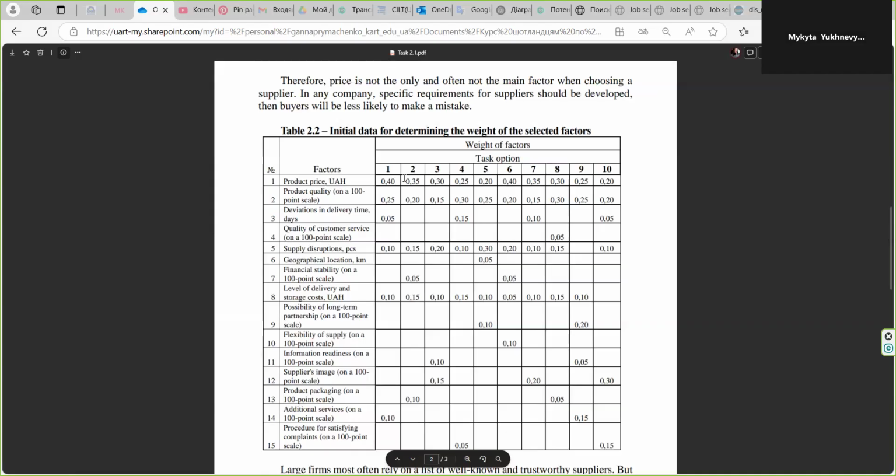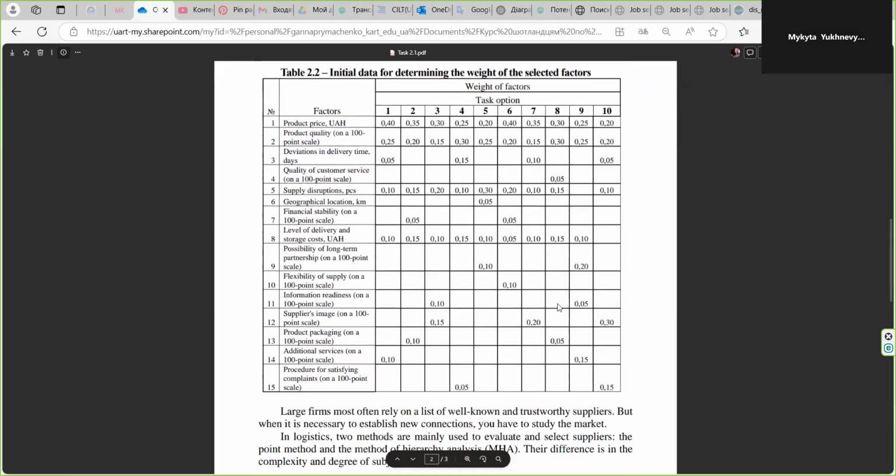Product in our task is the transportation process, so it is about how much we need to pay for the transportation. So we need to understand this range of factors for our company. So for your company, as for each variant, the main important are product price and product quality, and the other factors are not so important.